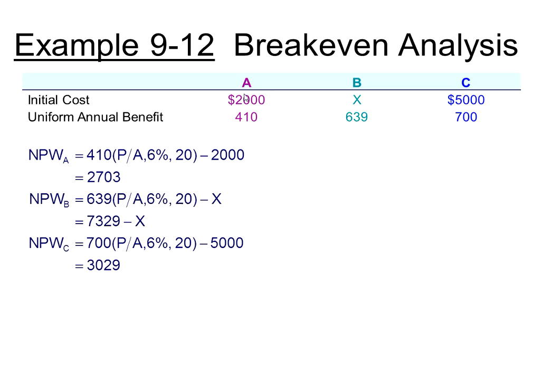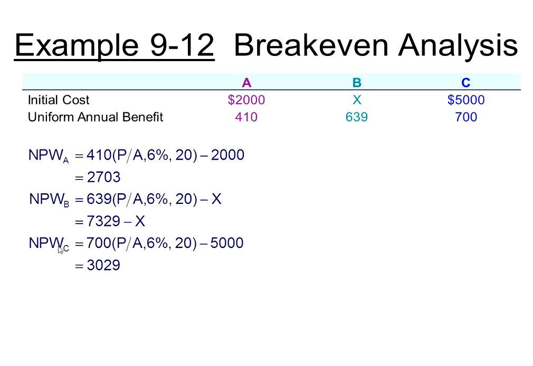This is a negative initial cost, already in the present, and this is the annual amount, so we want to find its P equivalent: P, this is A, the same order, (P/A, 6%, 20). 6% is our interest rate here, and 20 is the number of years. So this works out to this much.